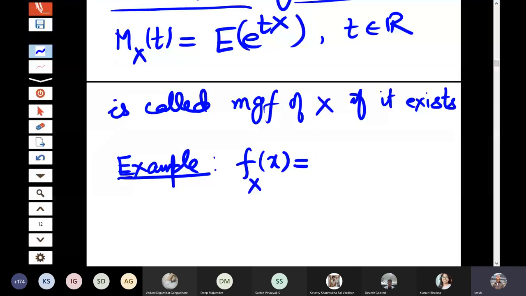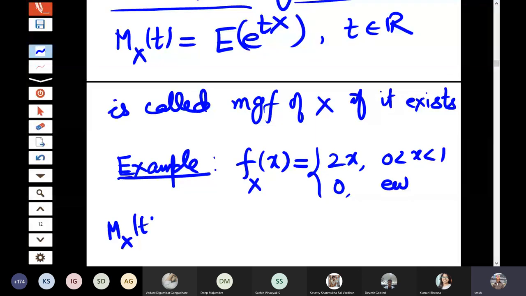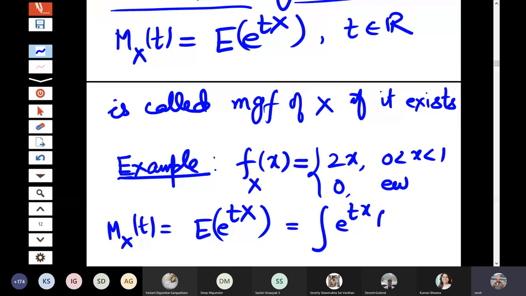Suppose I take the density to be 2x between 0 and 1, and 0 elsewhere. What is the moment generating function here? That becomes the integral of e to the power tx into the density function.